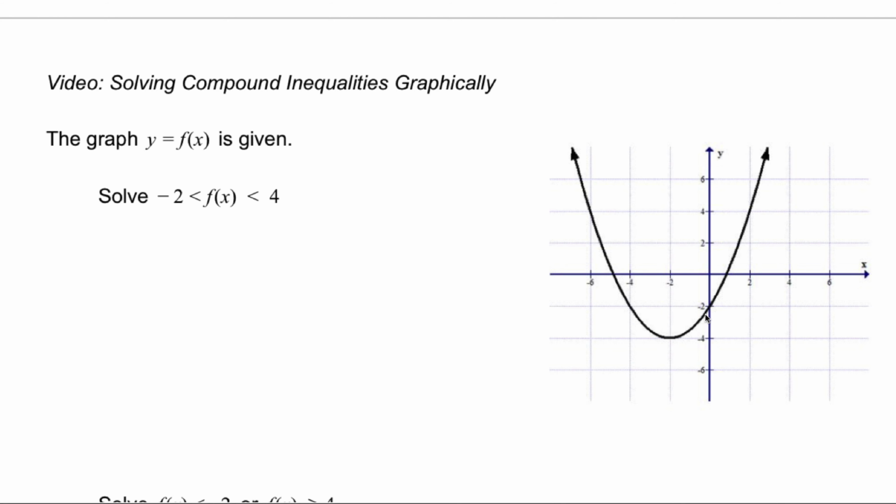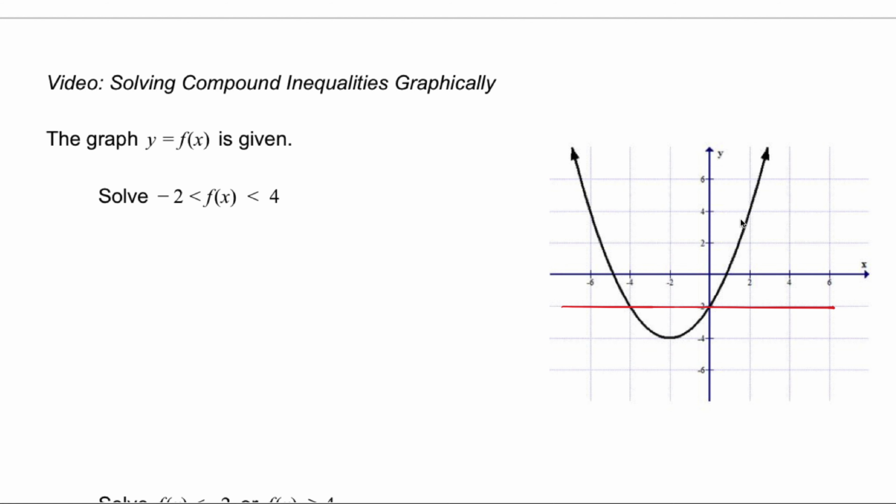The output values are the y values, and we want to know when is that between -2, getting my little straight edge here, there's -2 on the y, and +4. Here we go. Sorry, made a pretty messy line there.